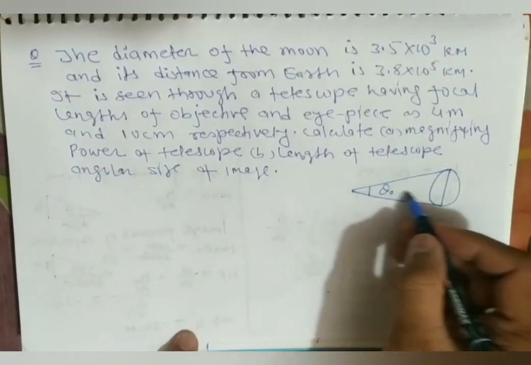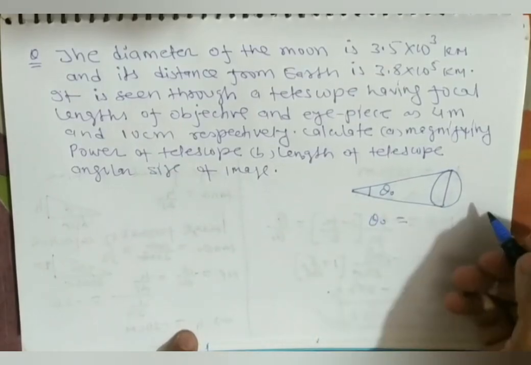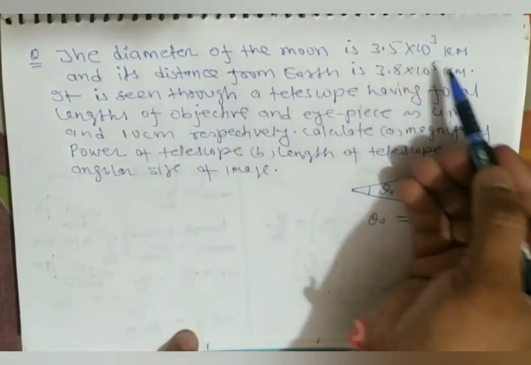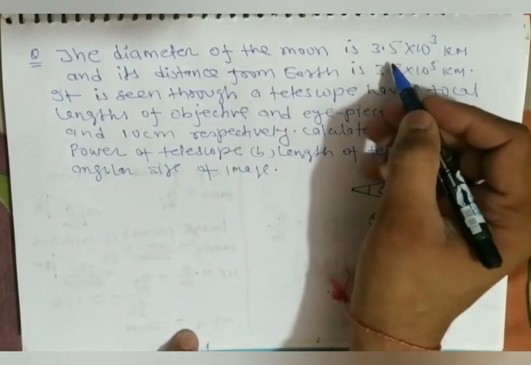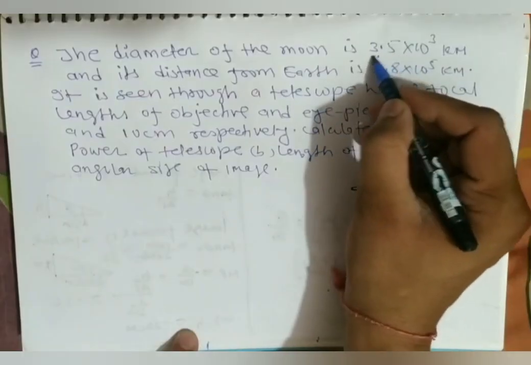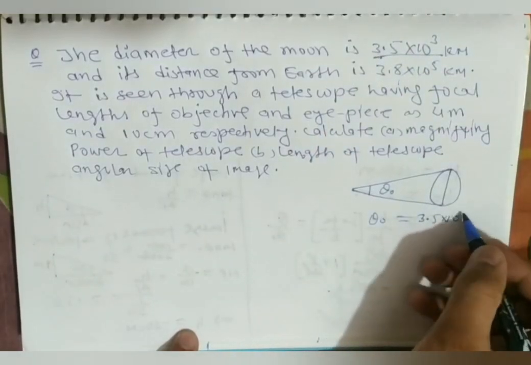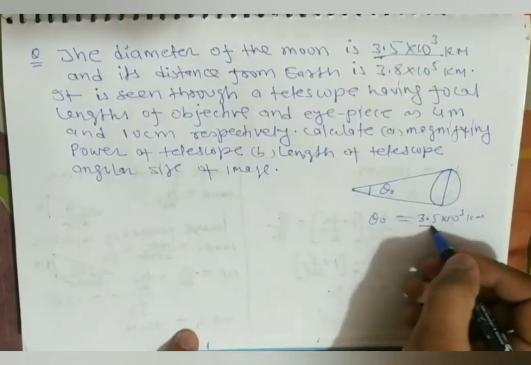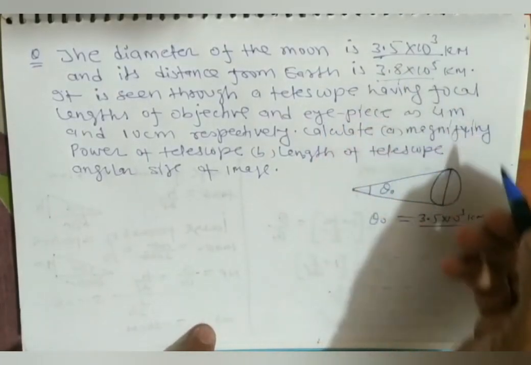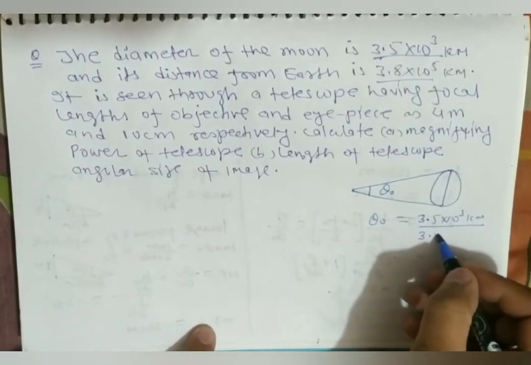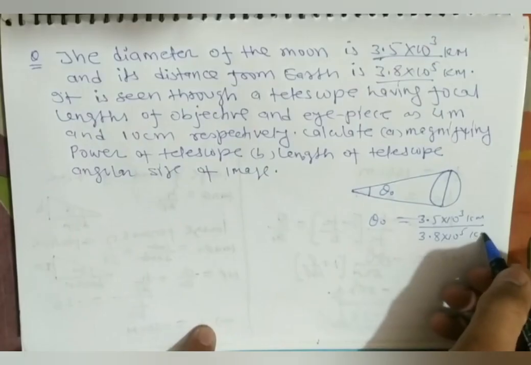Okay, this distance is given. So theta naught will be the diameter, here is diameter 3.5 into 10 to the power 3 kilometer upon distance is 3.8 into 10 to the power 5 kilometer.